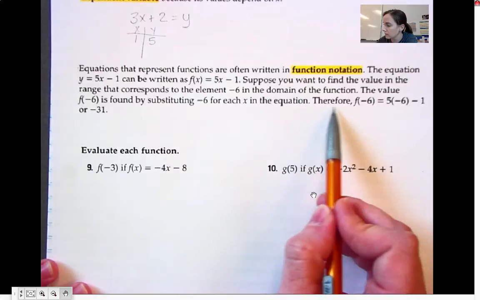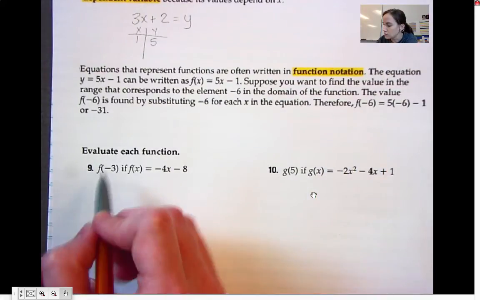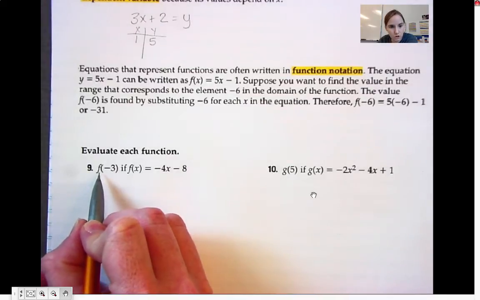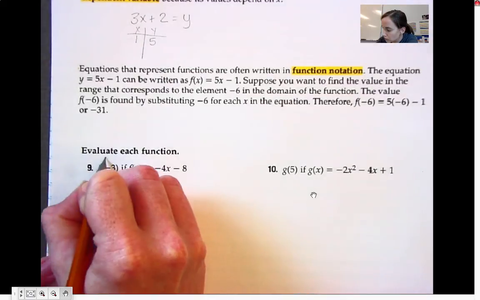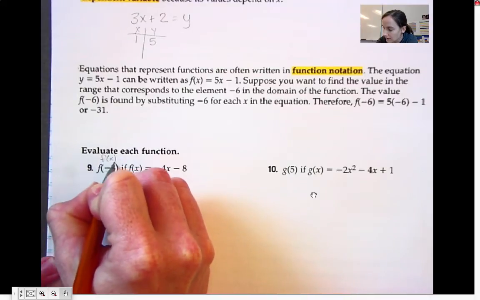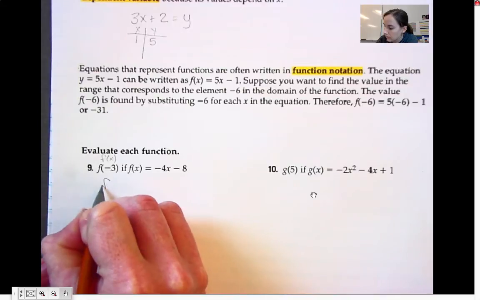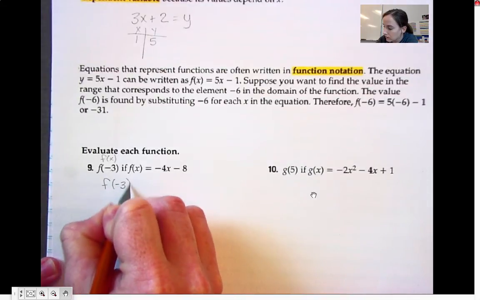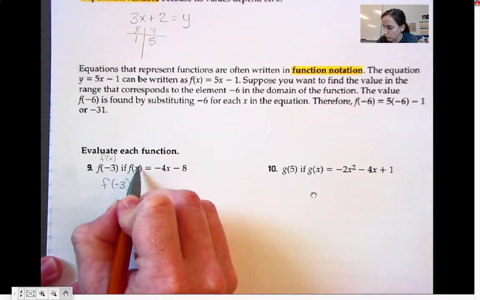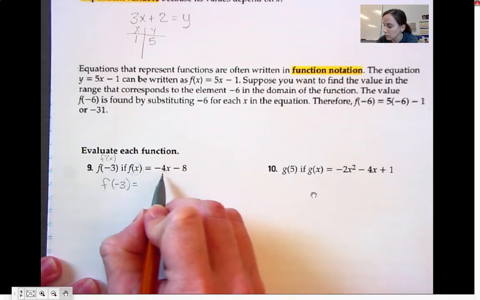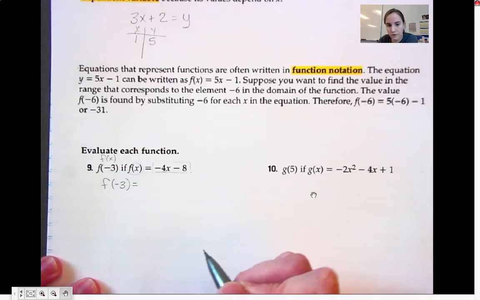And so this is what they've done here. Let's try these two. So it's telling me to evaluate the function at -3. And since it normally is written like this, we know the x is -3. So we write down f at -3 equals, and rewrite your rule, plugging in -3 for x.